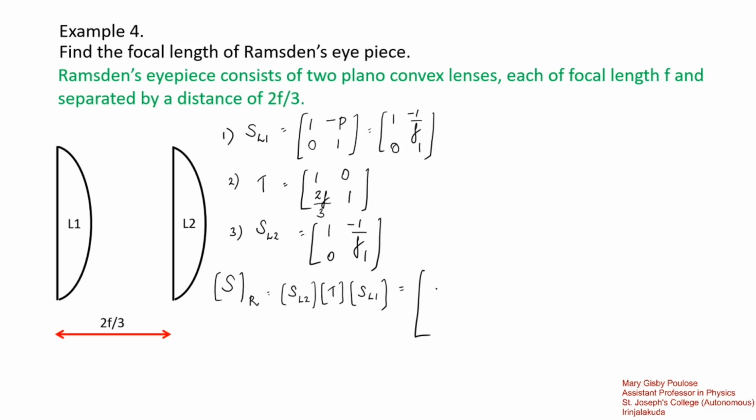And you will be getting a matrix of the form having Gauss constants B, minus A, minus D, C. The term A gives the focal length of this Ramsden's eyepiece, and it is given as A is equal to 1 by F, where F gives the focal length of the Ramsden's eyepiece.